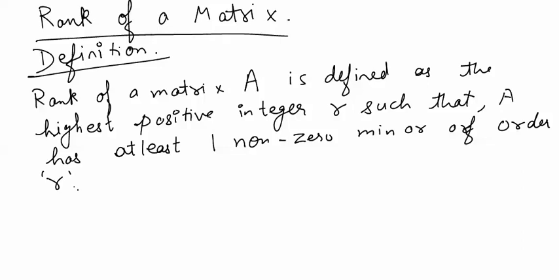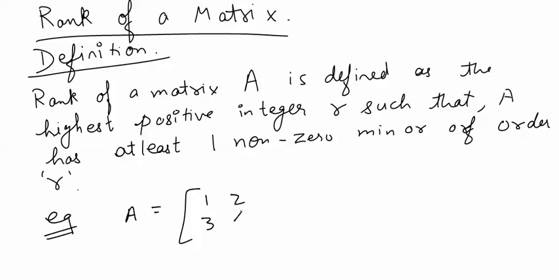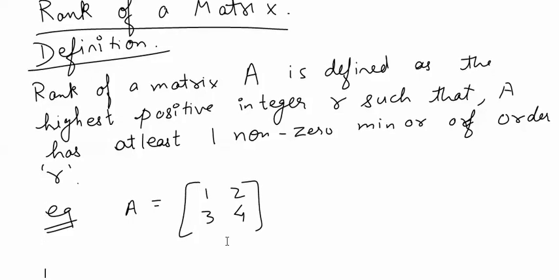It seems a bit complex to you right now, but I'll make it very simple for you to understand what the rank of a matrix is. Let's say there is a matrix A of the format 1 2 3 4. There are many minors you can find out, not cofactors. Cofactor has nothing to do with the rank.